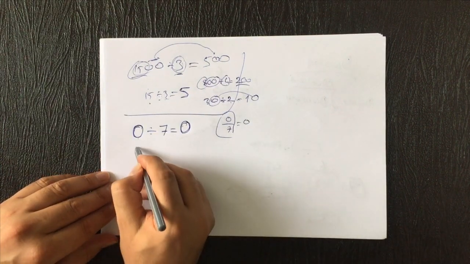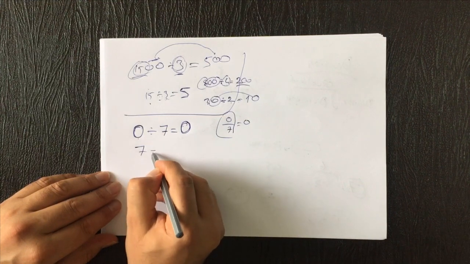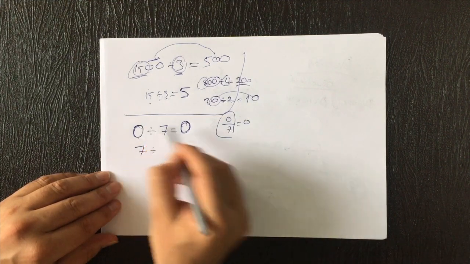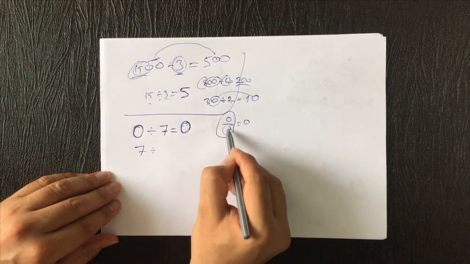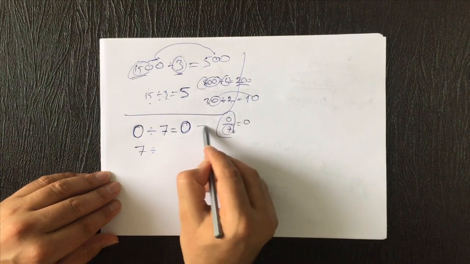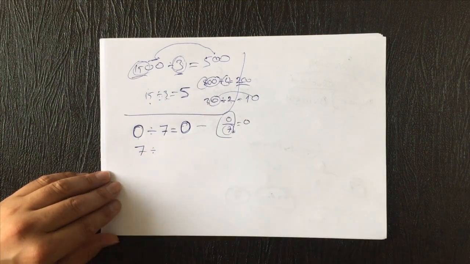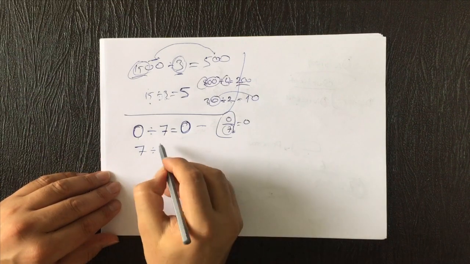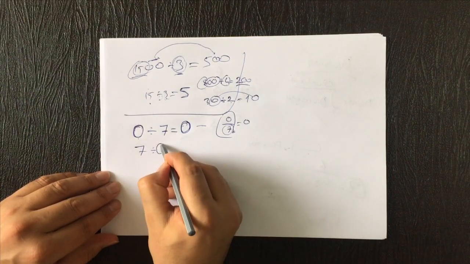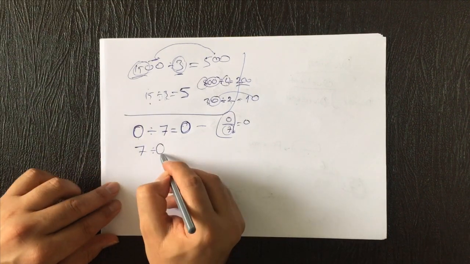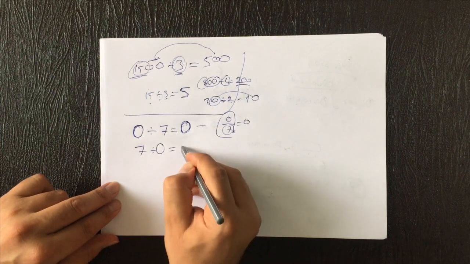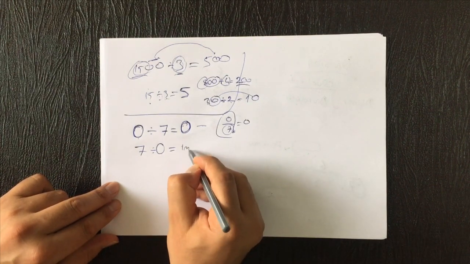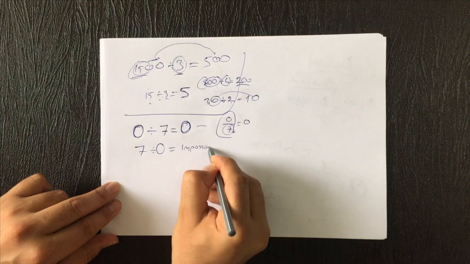But if, like a denominator, this is the denominator 7 here, and later we will learn about fractions of course, if the divisor is 0, then it is impossible.